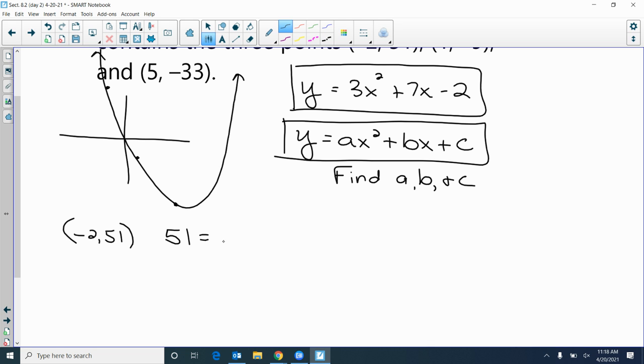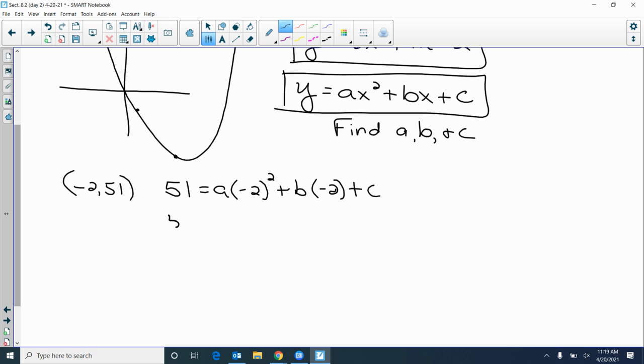I don't know a, but I know x is negative 2 squared plus b times negative 2, which is the x, plus c. And that's going to simplify to 51 equals 4a minus 2b plus c. That's one of our equations.